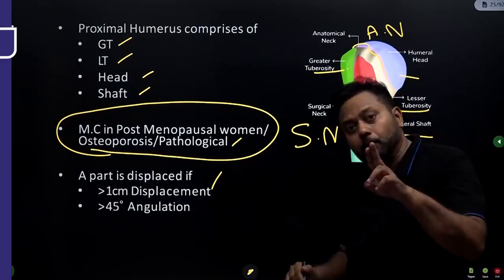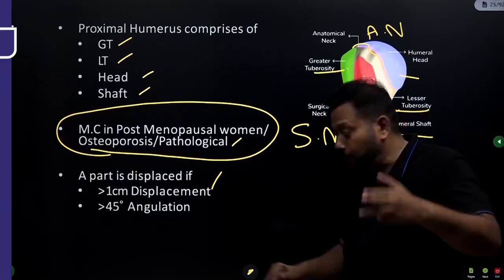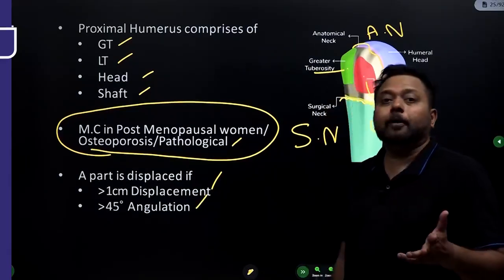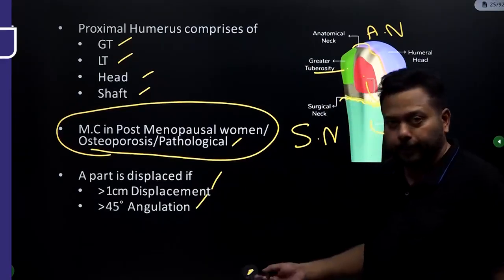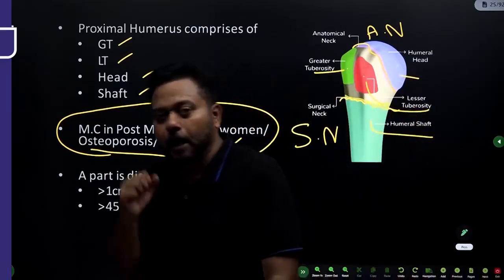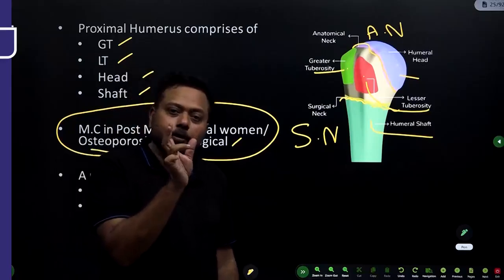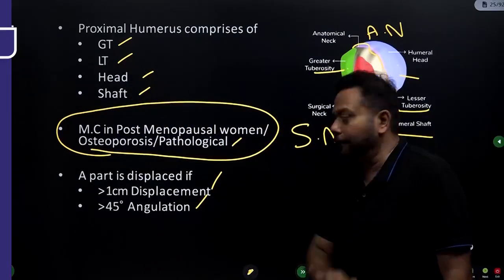When the displacement is more than 1 centimeter between the parts and/or the angulation is more than 45 degrees, then that part is said to be displaced. It needs mention: undisplaced fracture, displaced fracture. How can we say in proximal humerus? When the displacement is more than 1 centimeter or angulation more than 45 degrees.